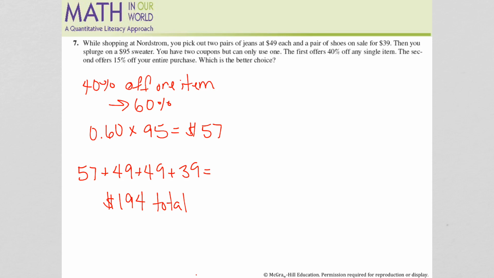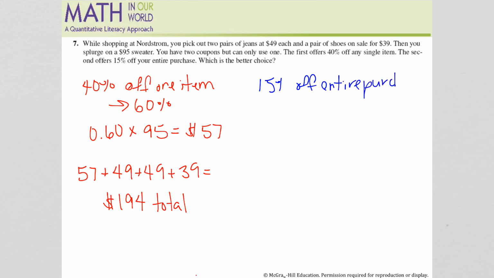Okay, let's compare that to what if we take 15% off the entire purchase. So that means our cost is going to be 85% of the original price.